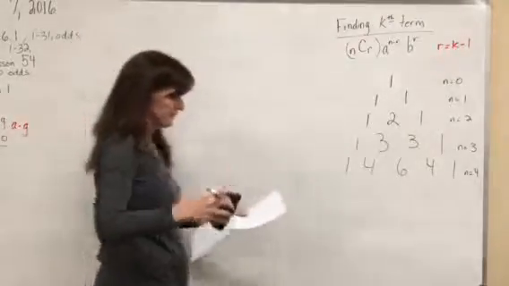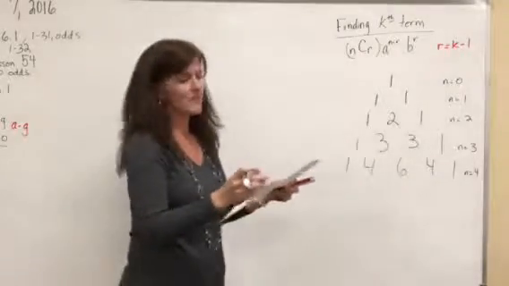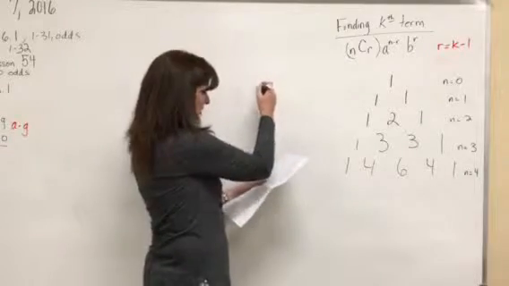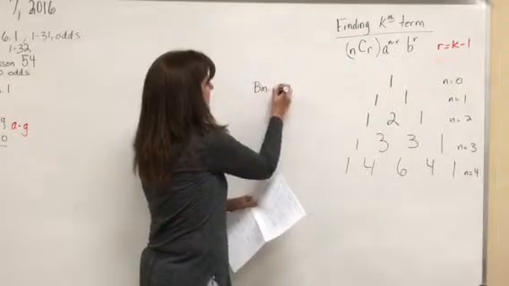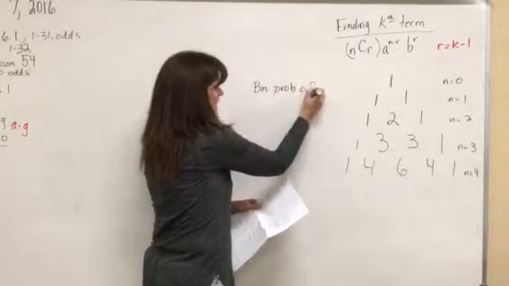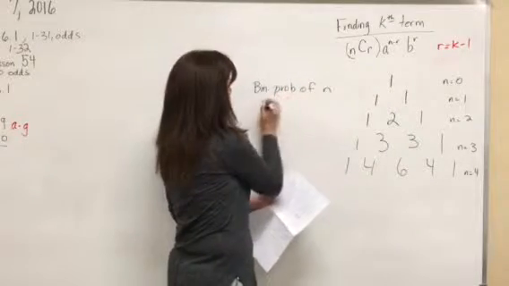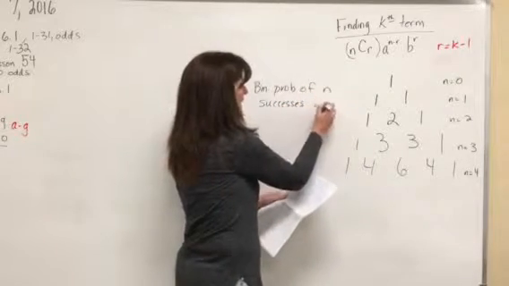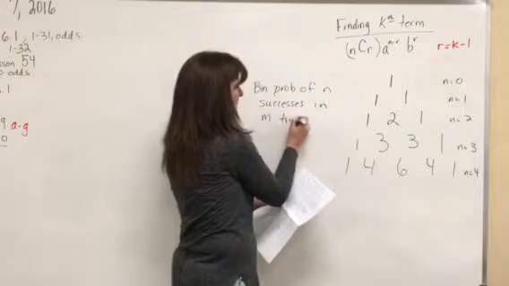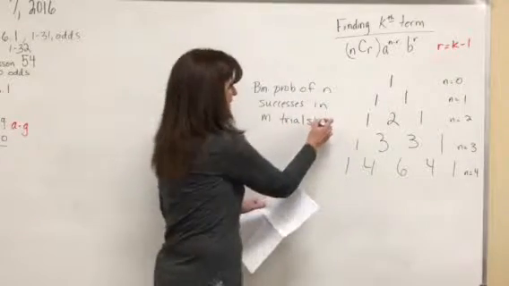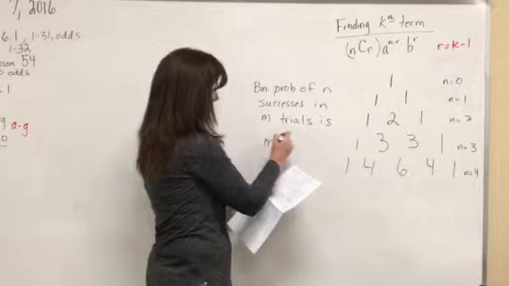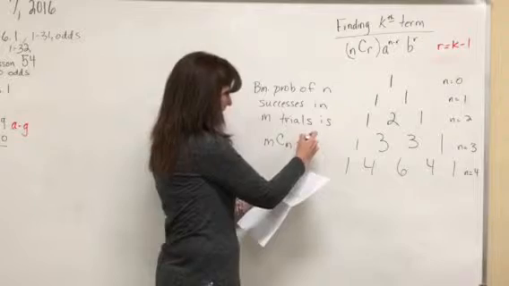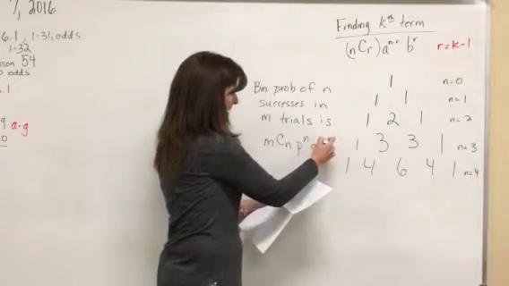So again, we're going to want to write this formula on our formula sheet, which is the binomial probability of n successes in m trials. So m is the number of trials, it's a combination of m things taken n ways, p to the n, q to the m minus n.